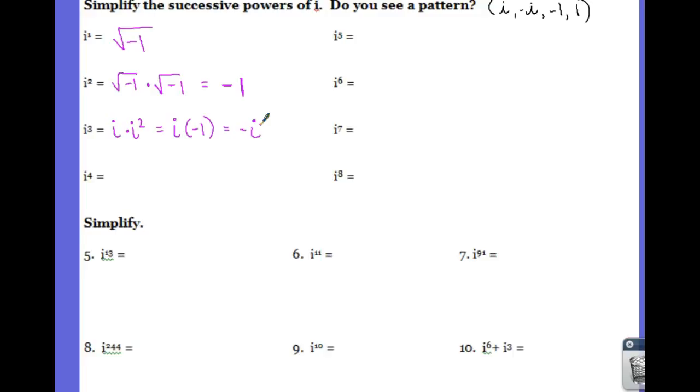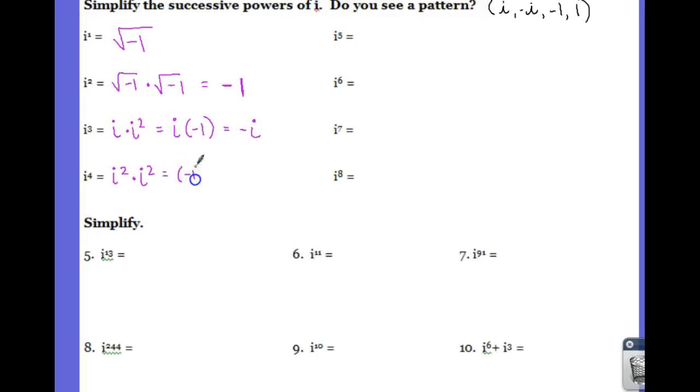i to the 4th, well, I could rewrite something to the 4th power as something squared times something squared. Because once again, 2 plus 2 is 4. But what did I say i squared was equal to? Well, I said i squared was equal to negative 1.